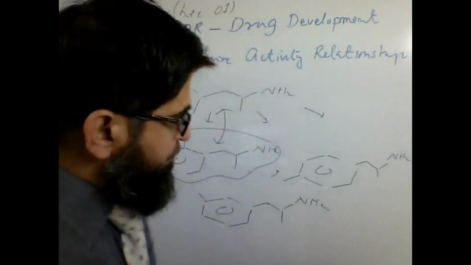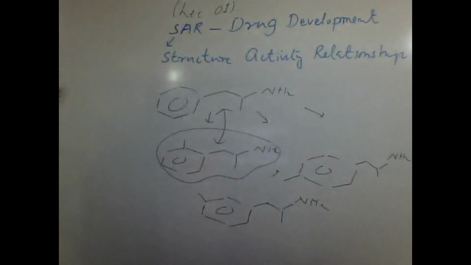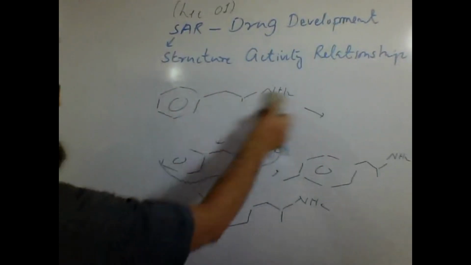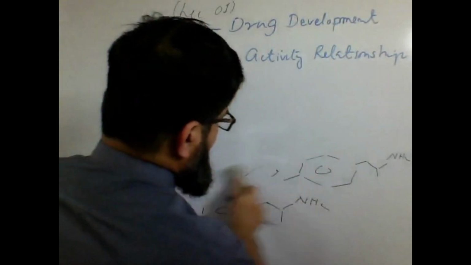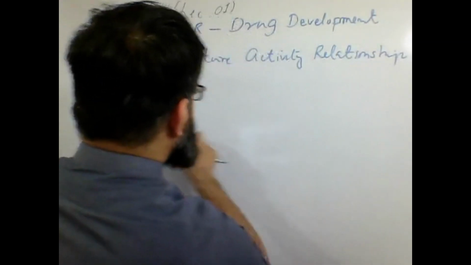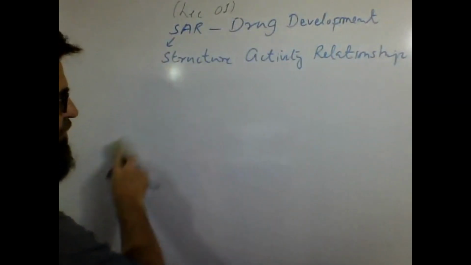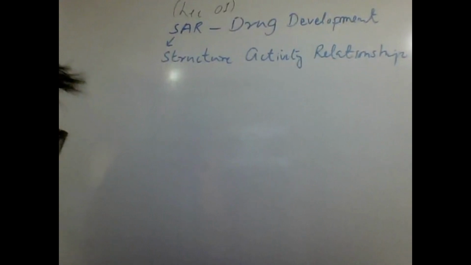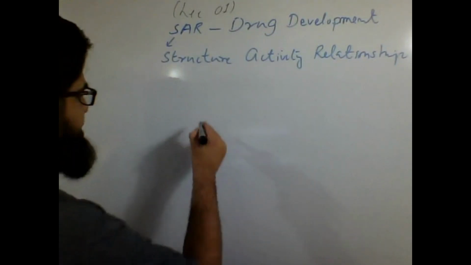So you can see just a simple structural modification in the molecule changes its pharmacological activity, its pharmacodynamics. Of course, the pharmacokinetics would have been changed as well. Then somebody came up again.